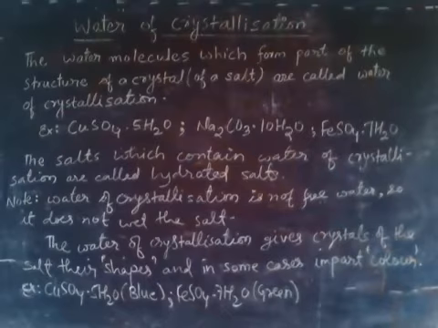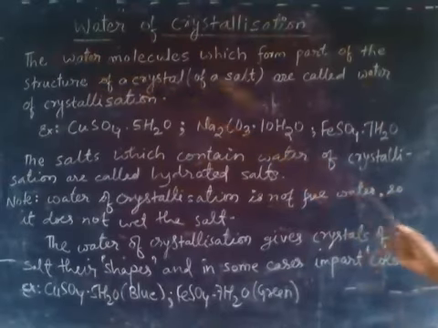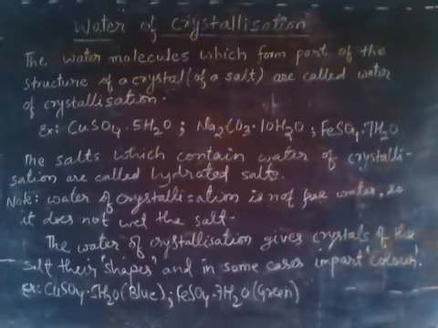So how will you define it? The water molecules which form part of the structure of a crystal, that means a salt, those water molecules which form the part of a salt are called water of crystallization.